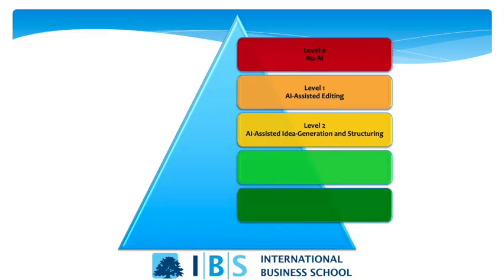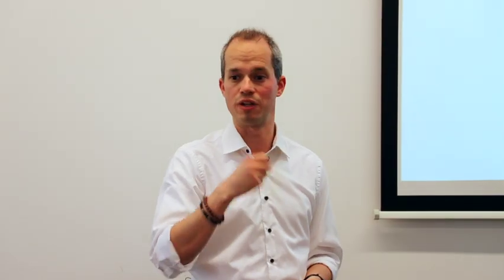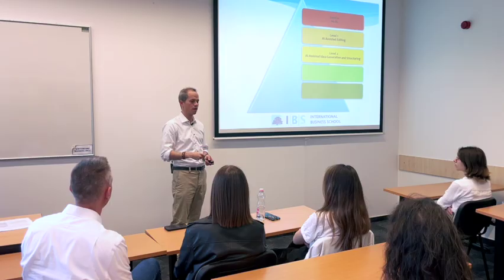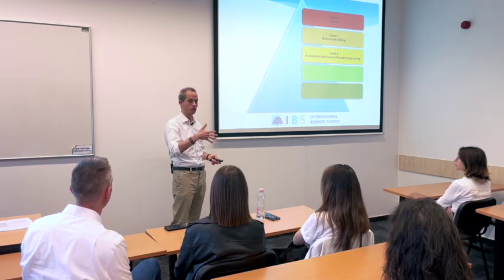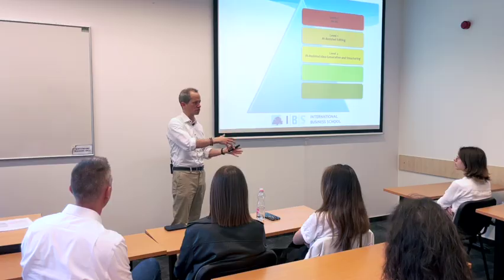Level 2 is AI-assisted idea generation and structuring. This means that you can collect ideas from the AI, from the language models, and you can ask potential suggestions regarding the structuring of your paper. So what should you discuss first, second, etc. But you cannot copy paste anything.